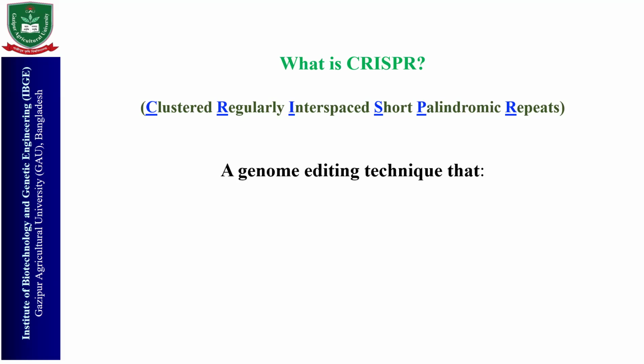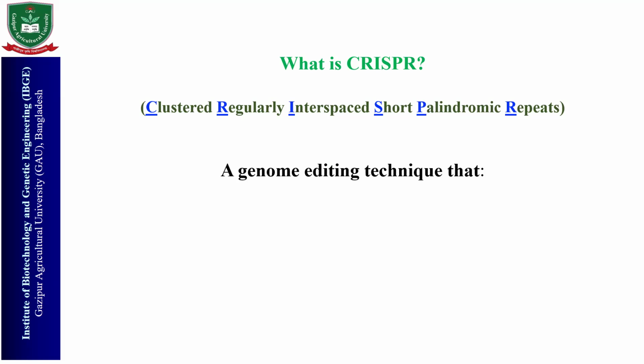Based on that fundamental understanding, Jennifer and Emmanuel tried to bring the technology from the bacterial cell to the test tube. Working jointly in collaboration, they successfully developed a tool to cut DNA at a desired location using a complementary guide RNA.